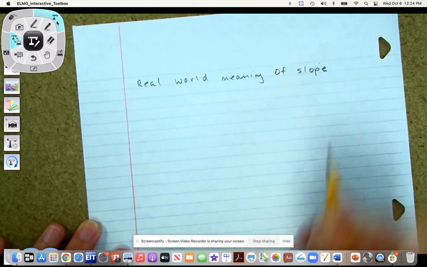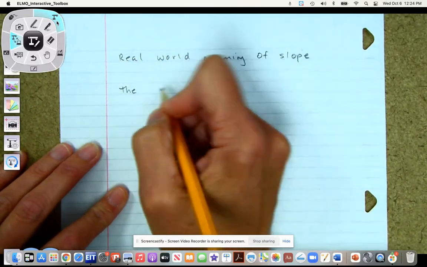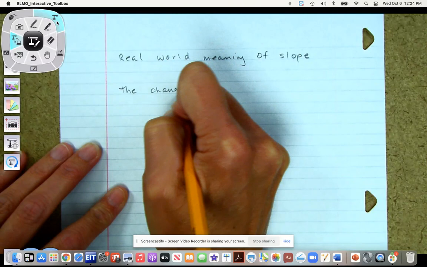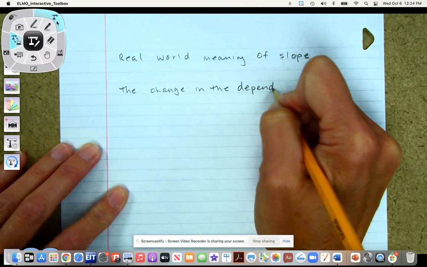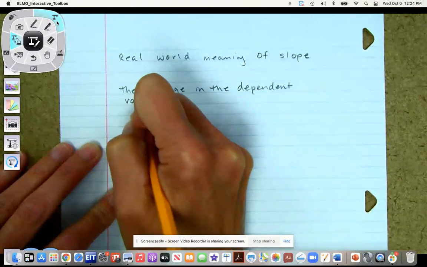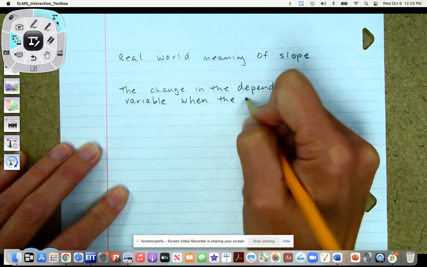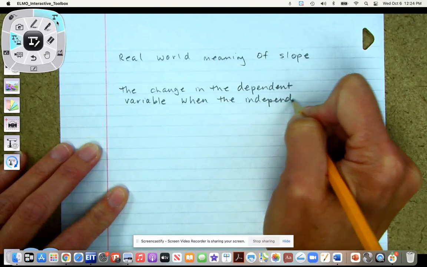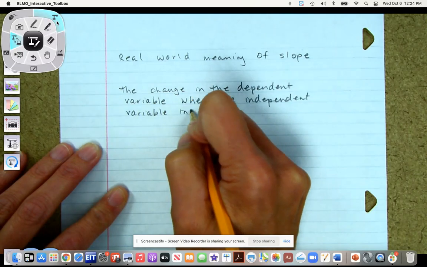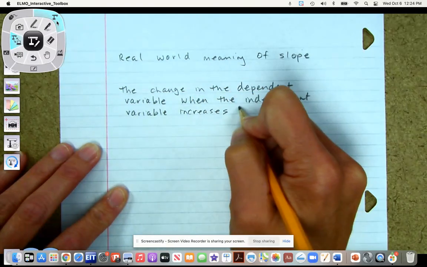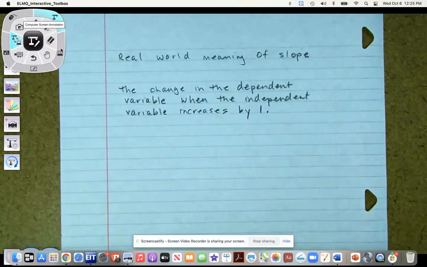The real world meaning of slope is the change in the dependent variable when the independent variable increases by 1. Okay, so let's look at that example that you guys had on the Desmos activity.